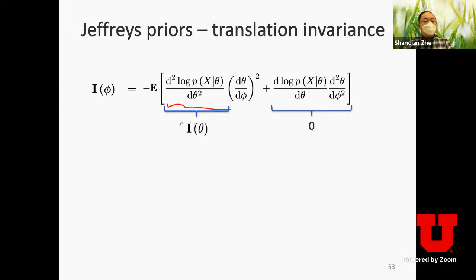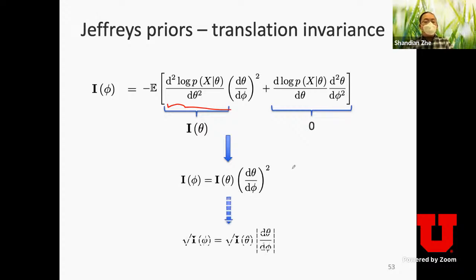So you can see that your Fisher information with respect to phi is the Fisher information with respect to theta times the square of d theta over d phi.